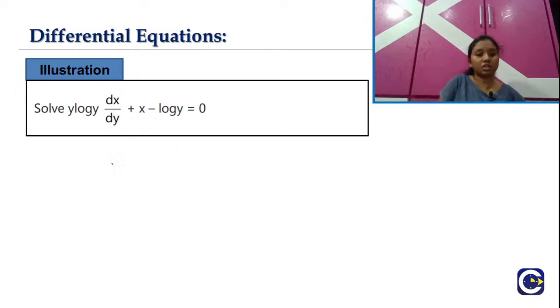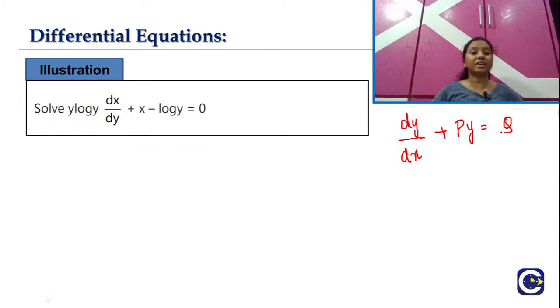The differential equation which we are given here, so let's write the standard form first: dy by dx plus p into y is equal to q. Accordingly, you can rearrange the differential equation which is given here.